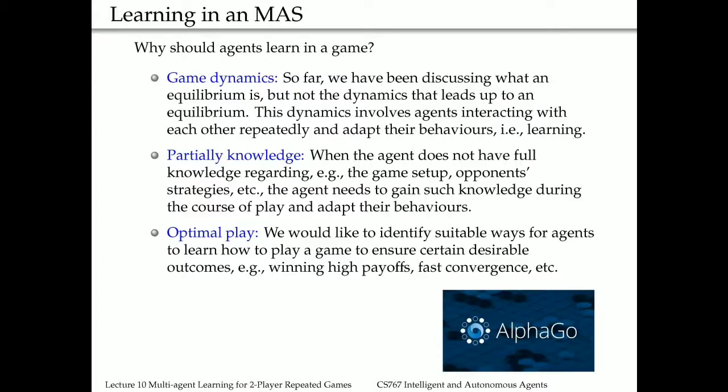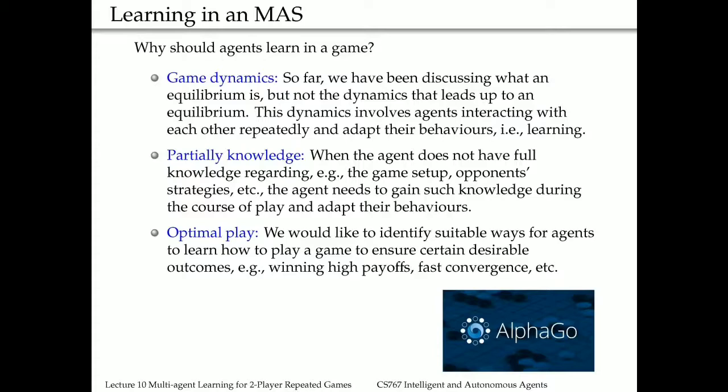Also, very, very importantly, like what I said in the very beginning of this course, one of the key characteristics of a multi-agent system is that the agents do not have full knowledge regarding the environment. And this means that the agent would not know, for example, everything about the game setup, the opponent's strategies, the opponent's preferences and beliefs, and so on.